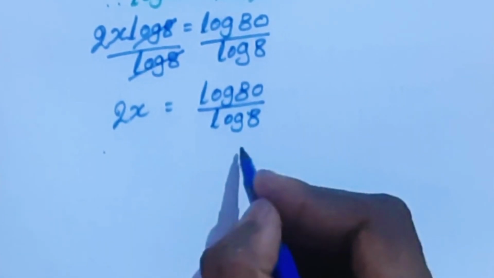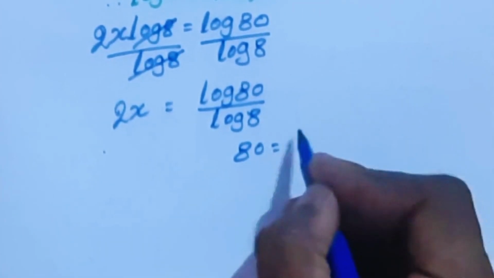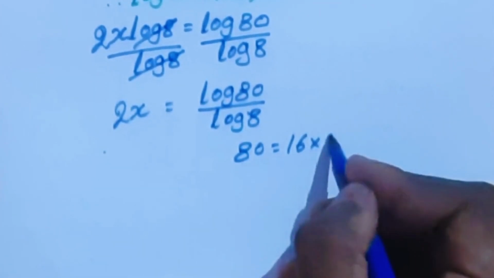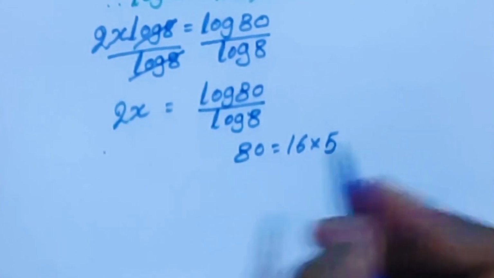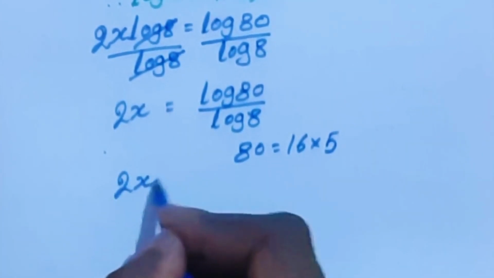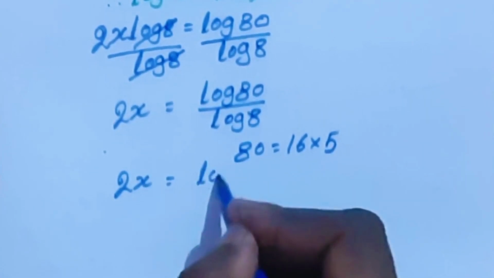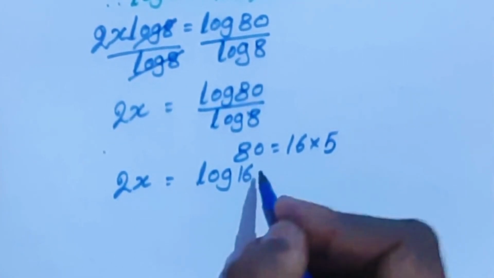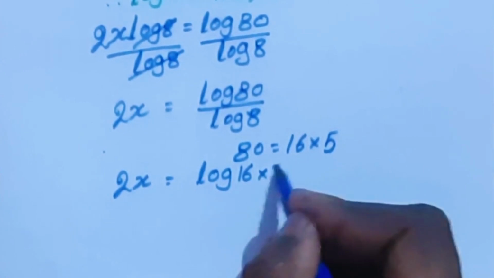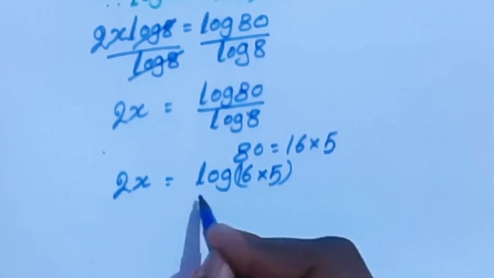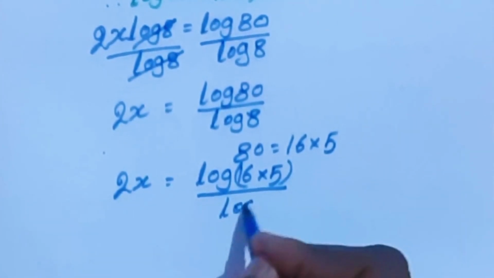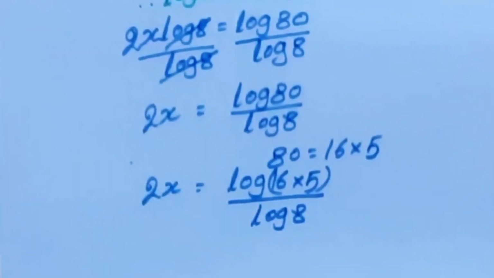Now here this 80 can be written as 16 times 5. So 2x equal to log 16 times 5 divided by log 8.